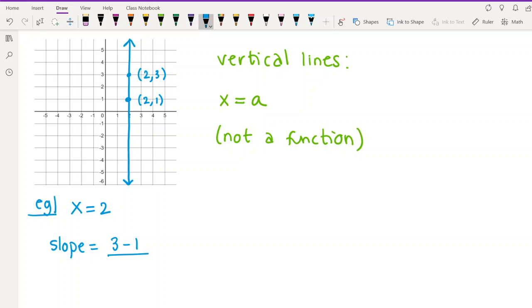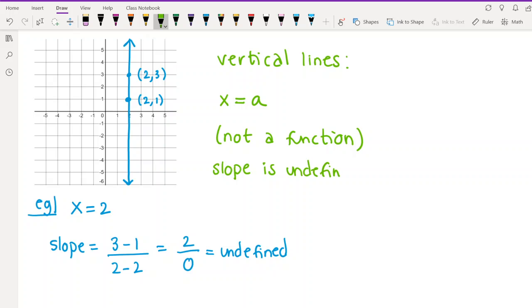And then in the denominator, we'd subtract the x coordinates, so that's 2 minus 2. So we would get 2 over 0. Now remember that dividing by 0 gives you a result that is undefined. So for any vertical line, the slope is always going to be undefined. It basically just doesn't have a slope.